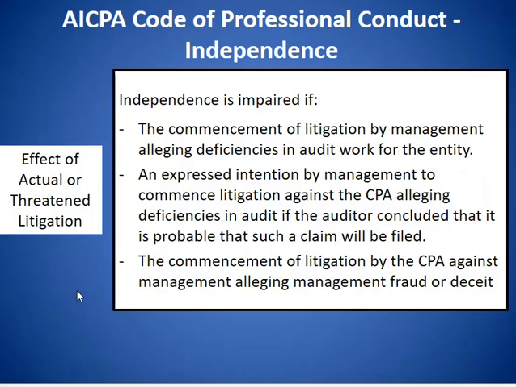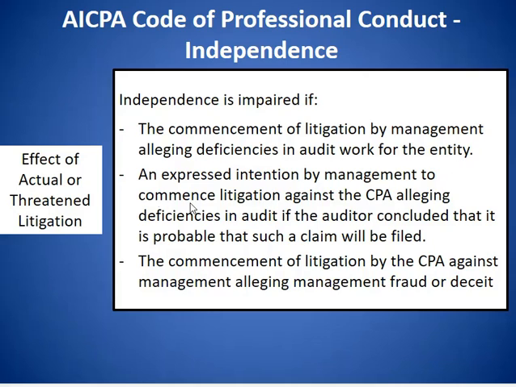Okay. Number 9, this is called the effect of actual or threatened litigation. A CPA's independence is impaired if there's commencement of litigation by management of the audited entity alleging deficiencies in audit work for the entity.